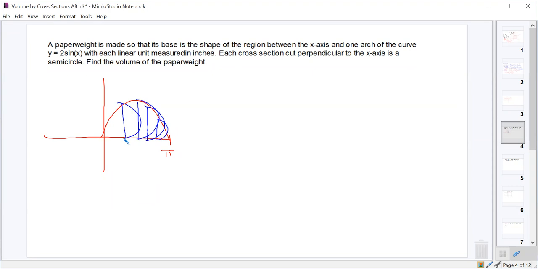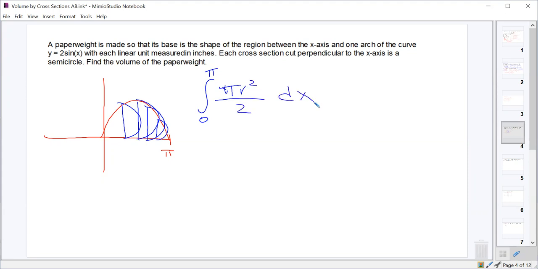So we know that we need to integrate from 0 to pi. And what's the formula for the area of a semicircle? Pi r squared. Semicircle, half of that circle. Pi r squared over 2.